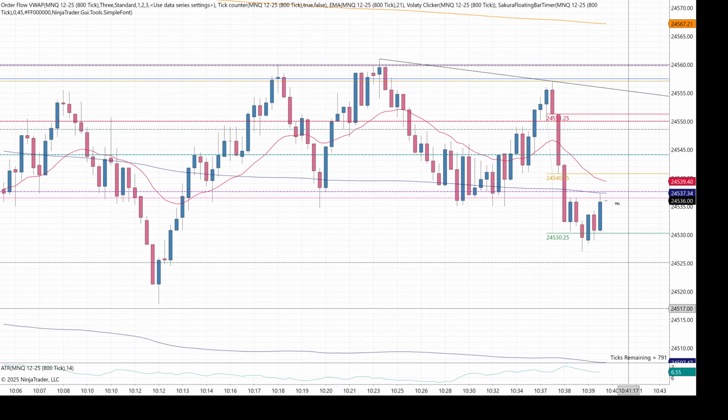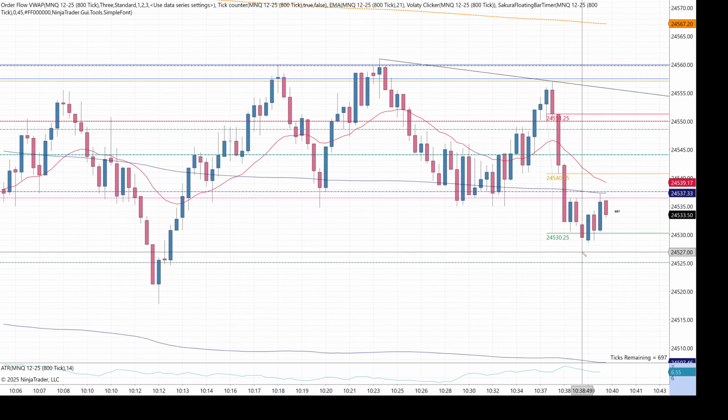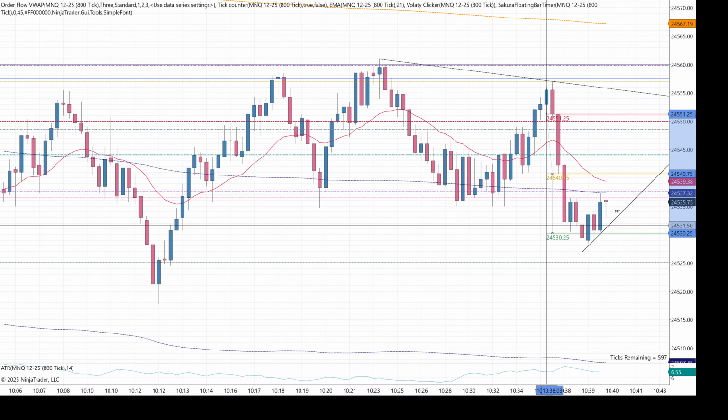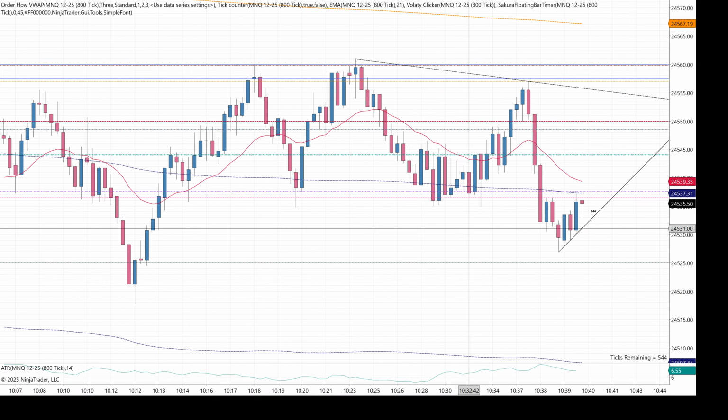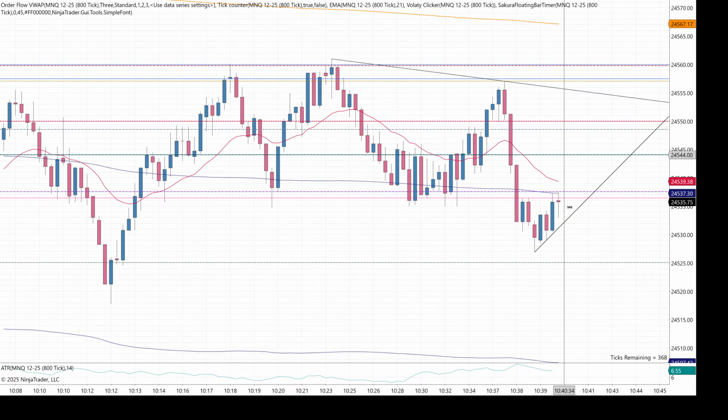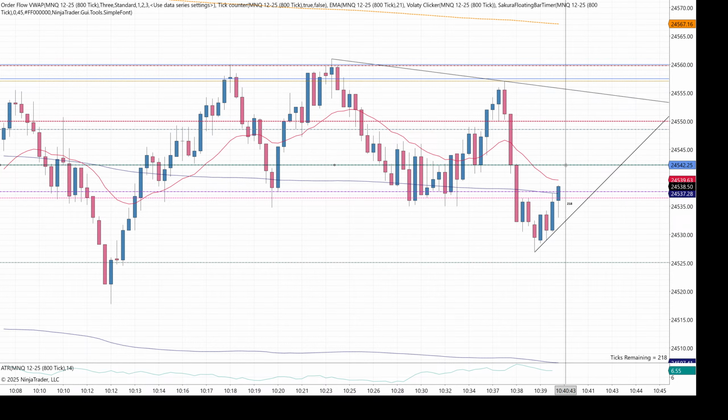Okay, runners out. We do have a new trend line. Problem with going north now is we have the 5-minute EMA right there at 42.50.